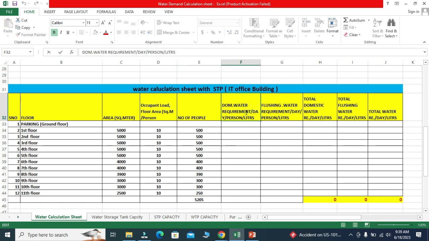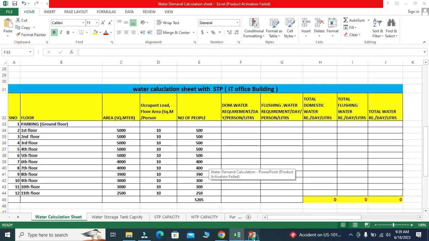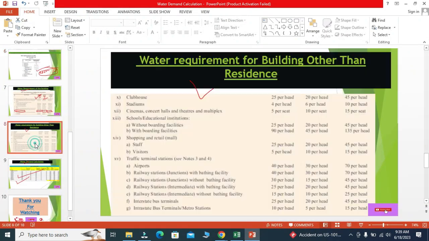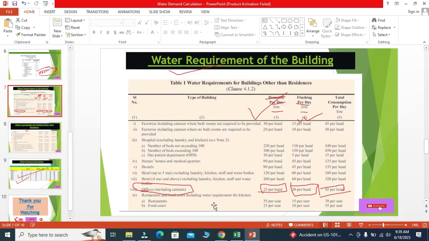Now, domestic water consumption per day, per person, in liters. We can get it from the water consumption chart from the NBC code. Here I have already mentioned, for an office building, domestic water consumption per day is 25 liter per head, and for flushing 20 liter per head.